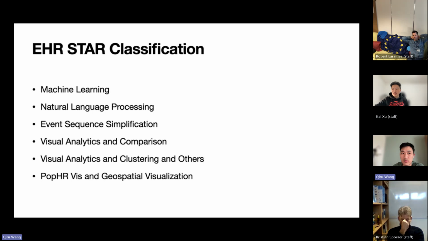That's what makes this survey's process so challenging and complicated. It's actually more than 6, but we categorized them into 6 major themes that appeared frequently during our research process. Those themes contain techniques adopted by EHR researchers to analyze EHR data sets. That's the reason why we use this classification.